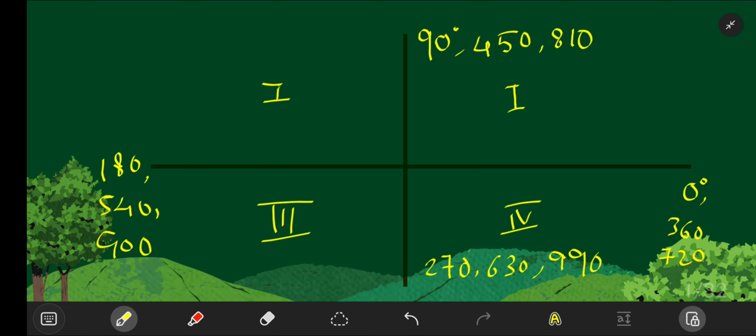If you add 90, 90, 90, 90, it will give some more angles.